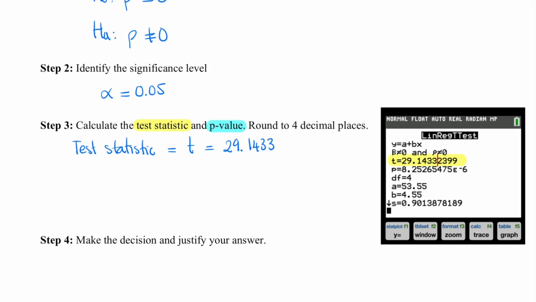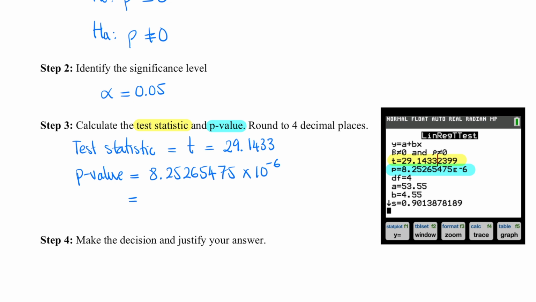And this number is my p-value. The p-value is 8.25265475 times 10 to the negative 6. And when you multiply a decimal by 10 to the negative 6, it means you move the decimal point to the left 6 places.